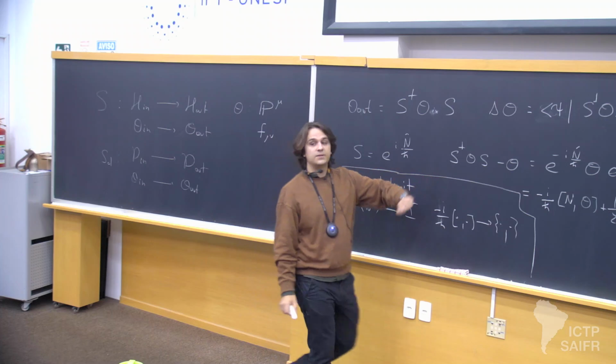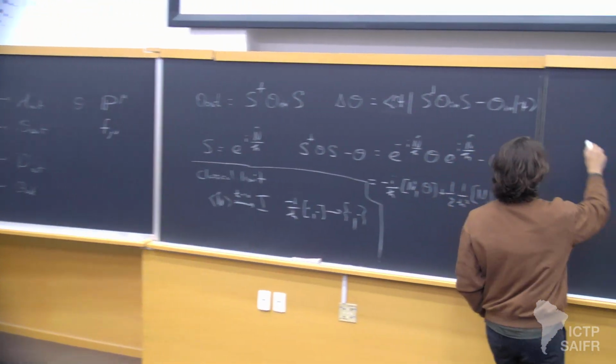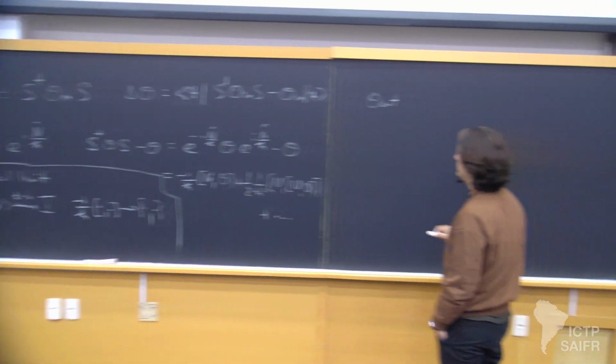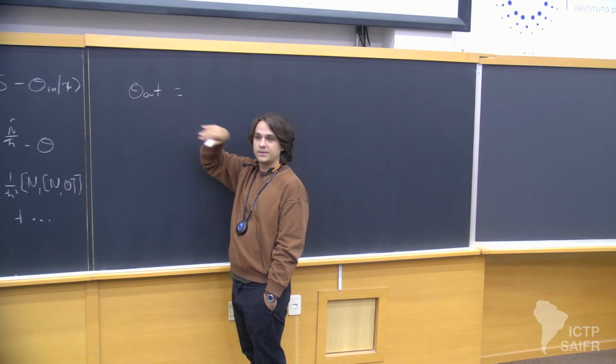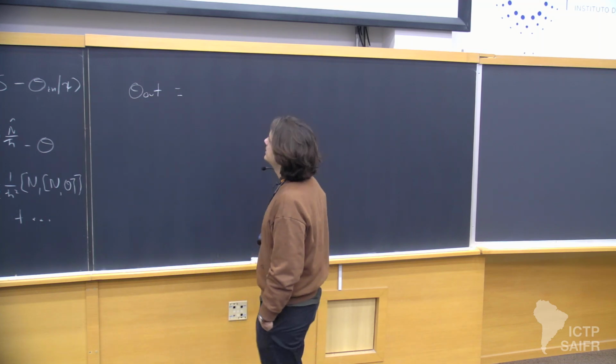And that will give me the formula that I wrote in the first class, which is that this out operator in the classical theory, so now this is a classical observable, so actually not an operator, it's just some function in the phase space.